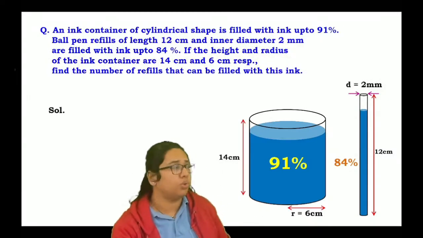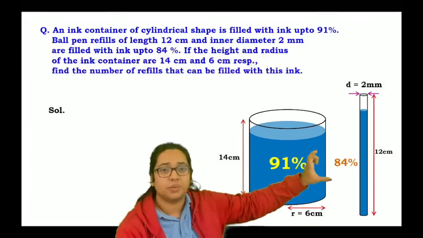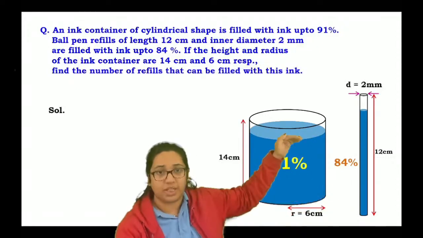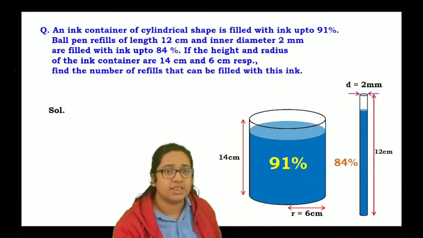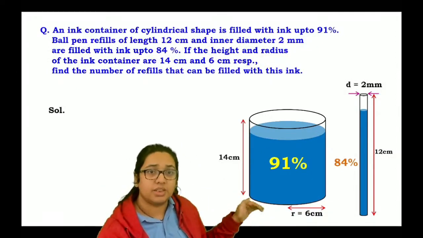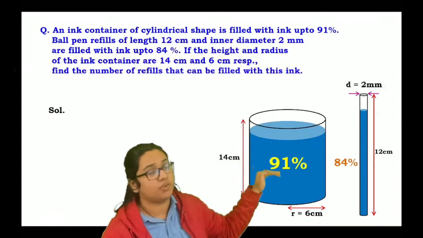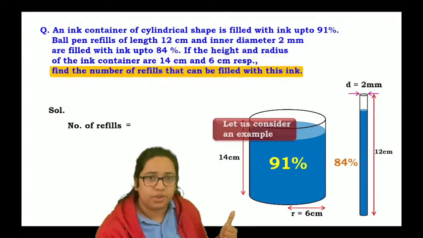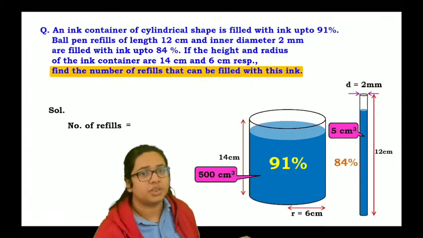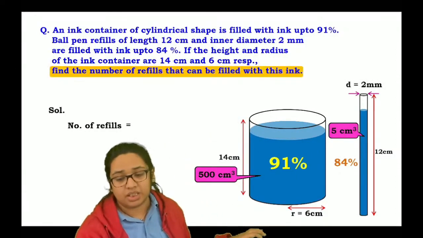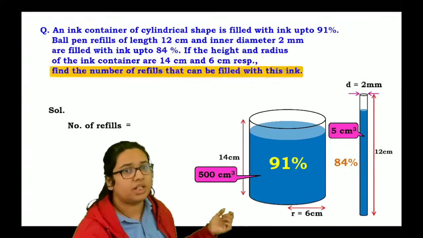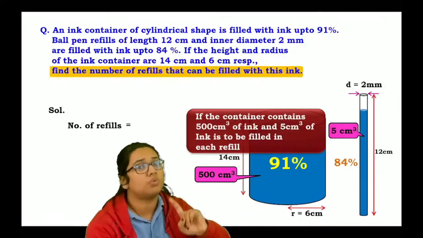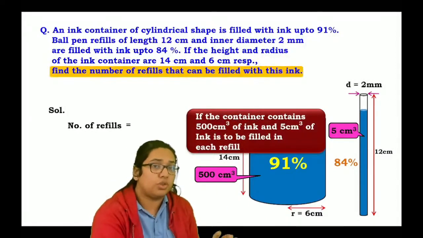Obviously, first of all, we need the ink required to fill one refill up to 84%, and second, as the ink container is filled up to 91%, we have to find the actual ink in it. Suppose there is a total of 500 cubic centimeter of ink in the container, and for one refill we need 5 cubic centimeter.